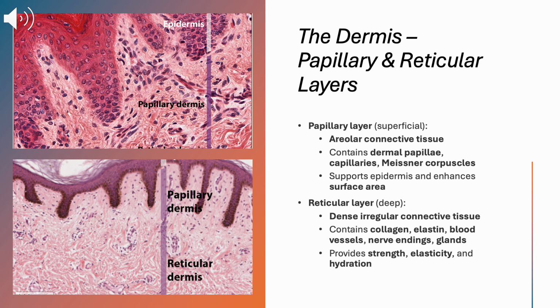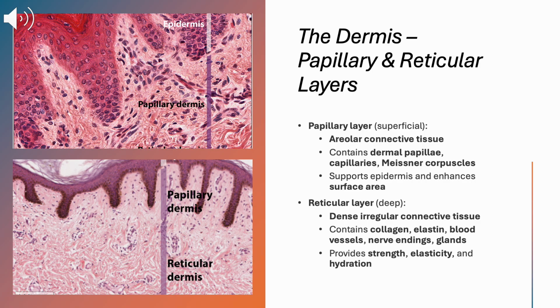One key feature here is the dermal papillae, finger-like projections that interlock with the stratum basale above. These papillae not only strengthen the connection between the dermis and epidermis, but also increase the surface area for nutrient exchange and diffusion. This layer contains Meissner corpuscles, which are touch receptors sensitive to light pressure.